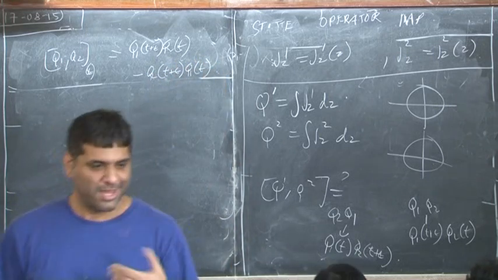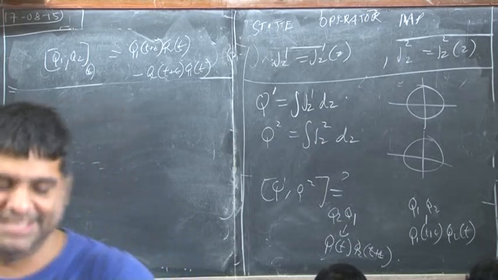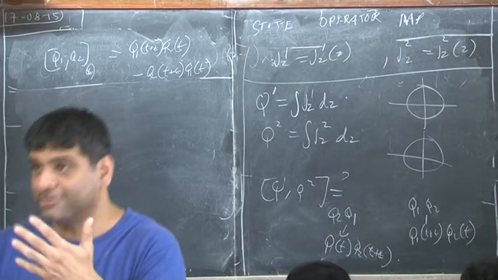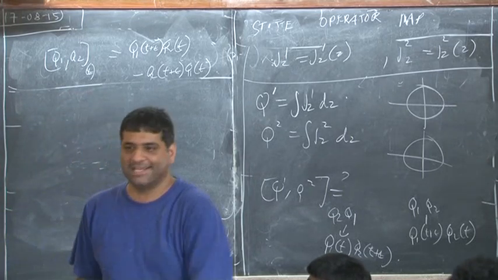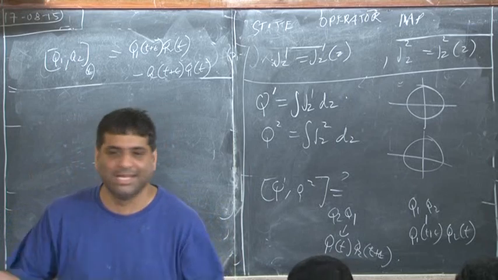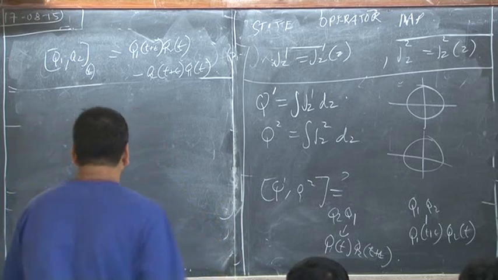If you want Q1 to the left, you have to put it at a slightly larger time. If you want Q2 to the left, you put it at a slightly larger time. Take these times to t. That gives you the commutator.